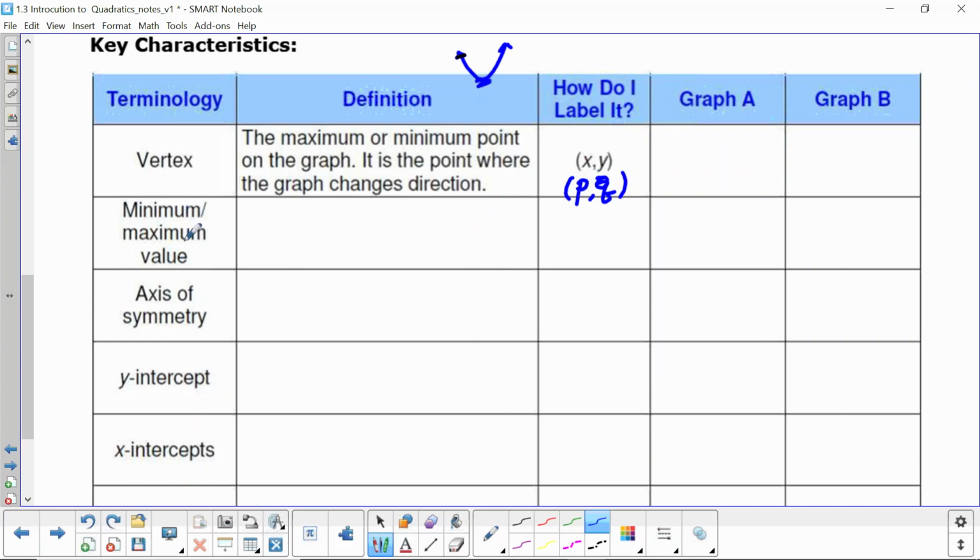So the maximum or minimum value will be the Q value. I will write the definition: the y value, the y coordinate of the vertex, that is the maximum or minimum.